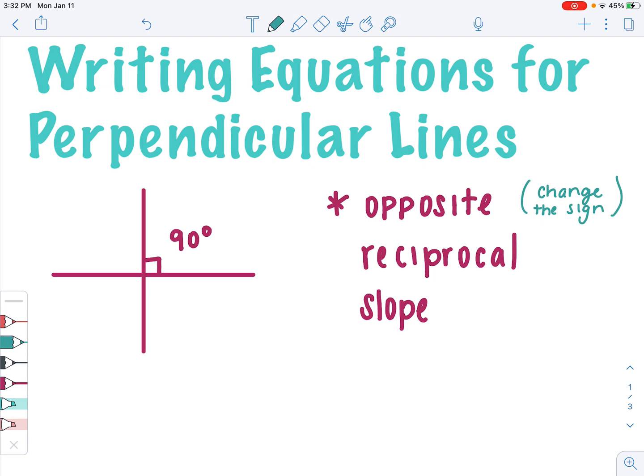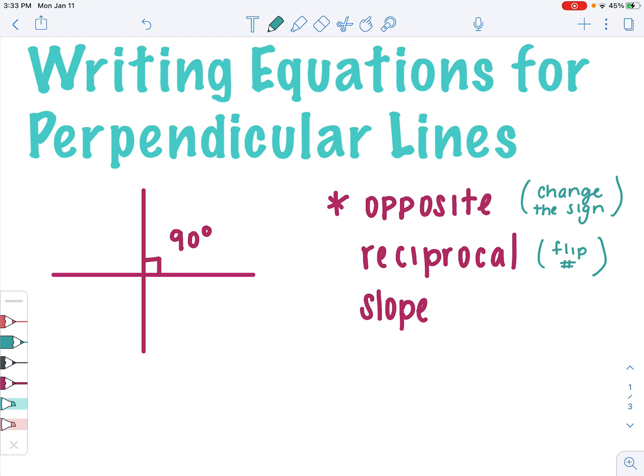If it was negative, make it positive. Change the sign and flip the number over. So when you're writing equations for perpendicular lines, you want to use opposite reciprocal slope, or change the sign and flip the number.